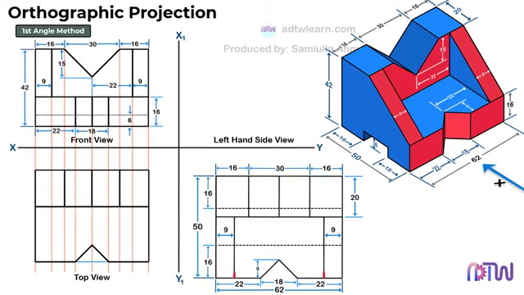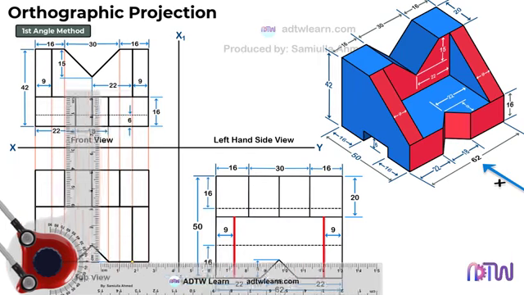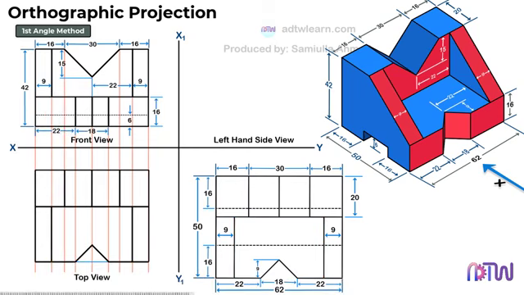Next, we need to draw these two vertical lines, which are 9 mm away from the sides. Take a drafter and mark points on this horizontal line at a 9 mm distance from the sides, and draw the vertical lines as shown. At last, we need to draw these dotted lines representing the hidden slot. We can see the distance of this slot as 16 mm from both sides.